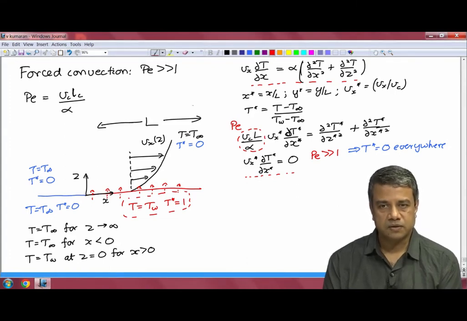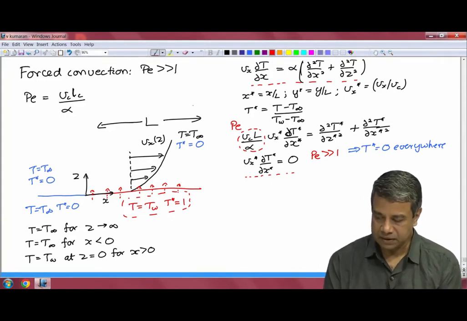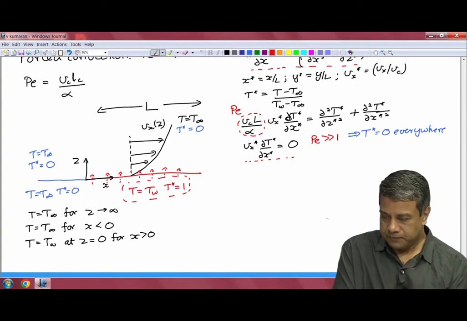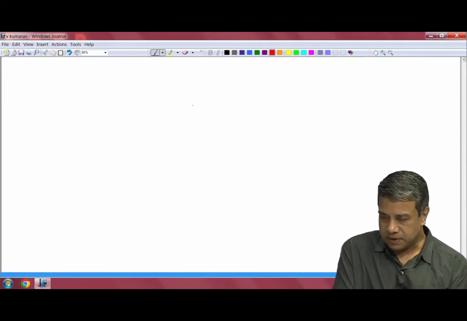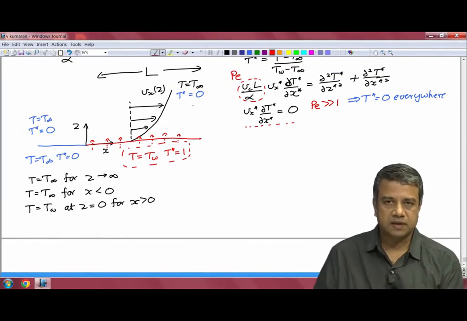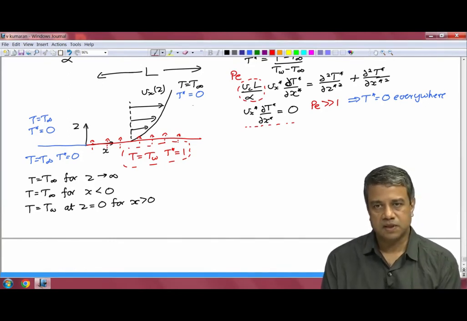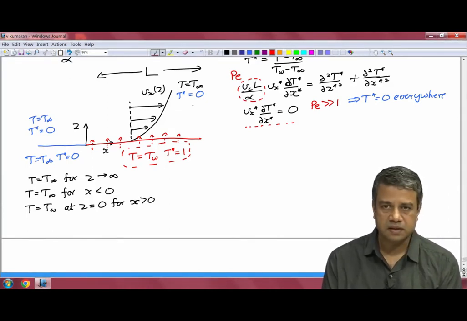As the Peclet number goes to infinity, the thickness of this region decreases to 0 in such a way that convection and diffusion are comparable within this region. So, when convection and diffusion are comparable, how do we solve the problem? The idea is that there is this smaller length scale delta, much smaller than L, over which there is a disturbance to the temperature field in the cross stream direction due to diffusion.